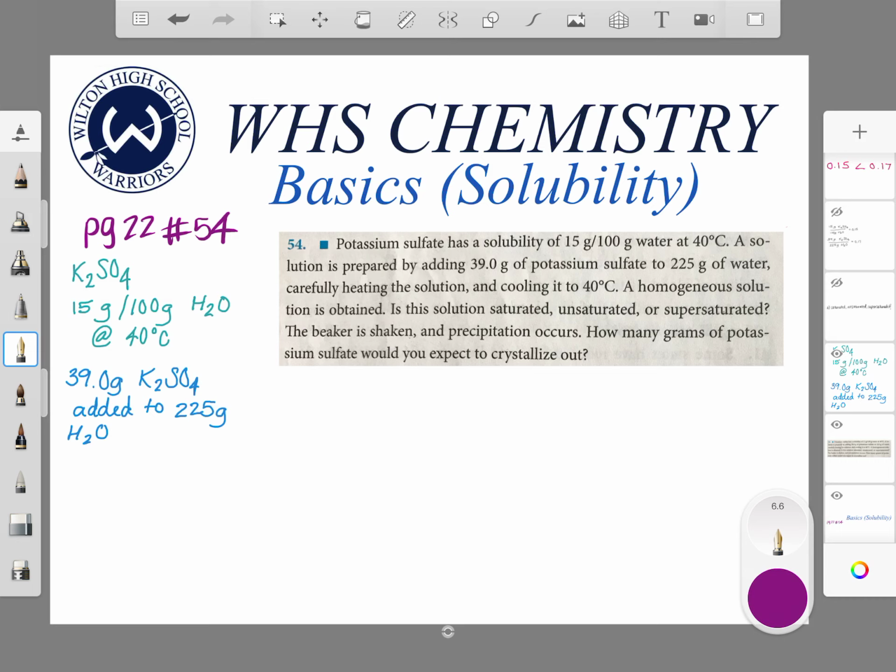And then in the darker blue, we also can write out that there are 39.0 grams of K2SO4 added to 225 grams of H2O.